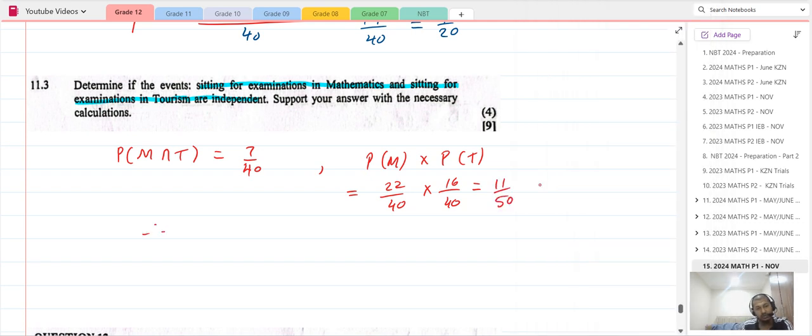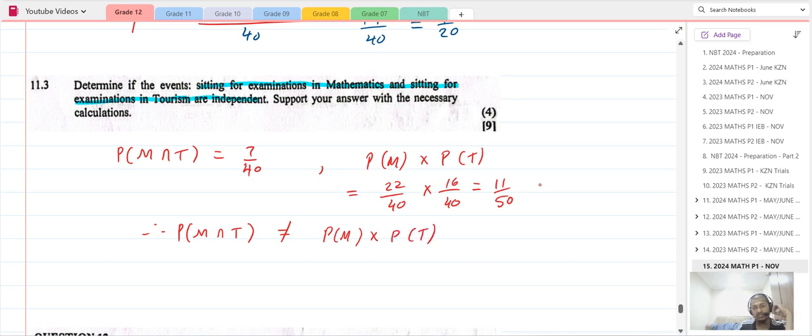So therefore, probability of mathematics and tourism is clearly not equal to this.